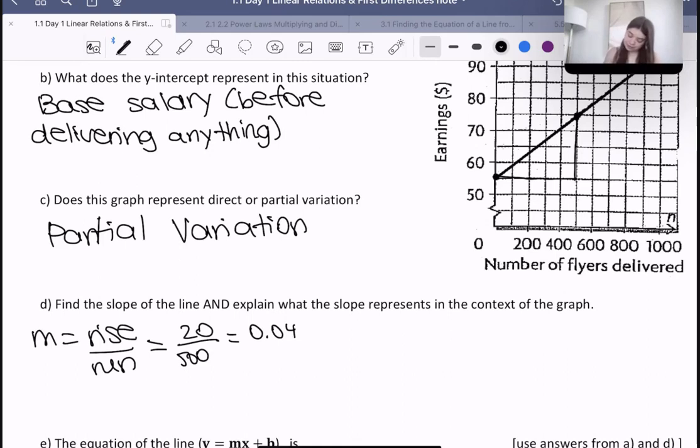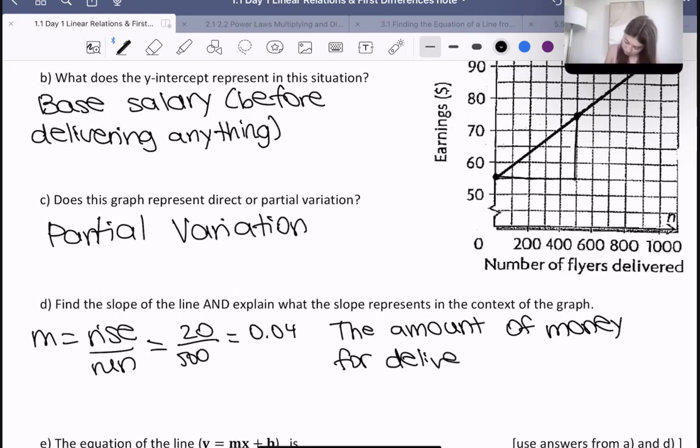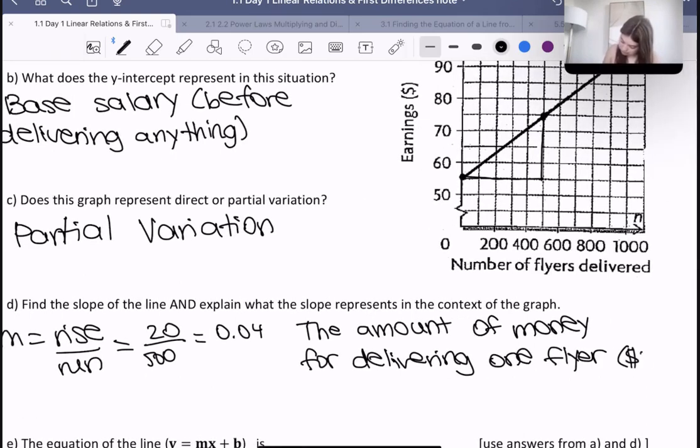Good. And what does that represent? It represents the amount of money for delivering one flyer, which is 4 cents.